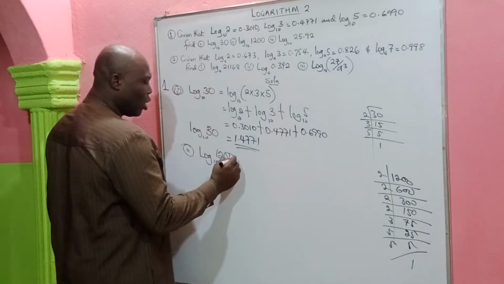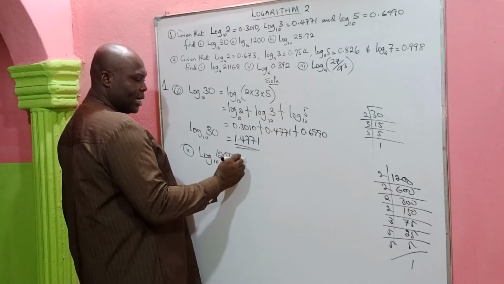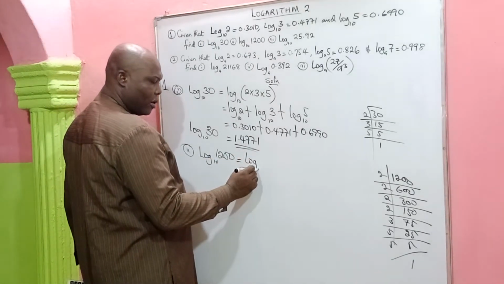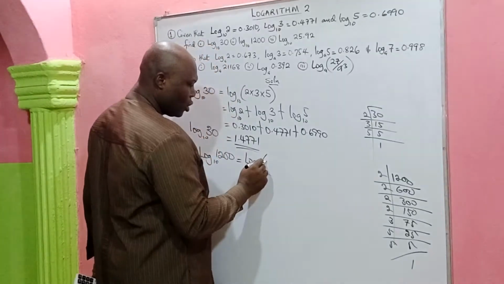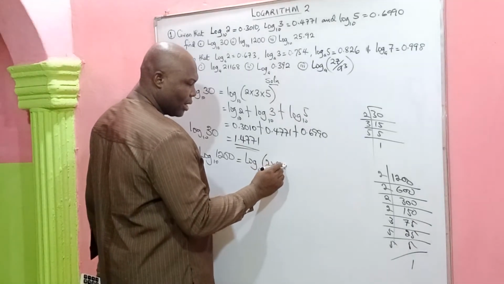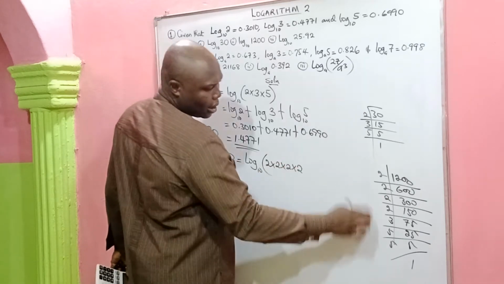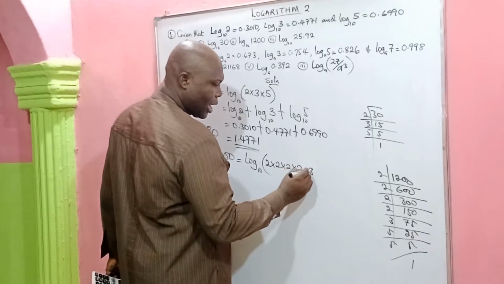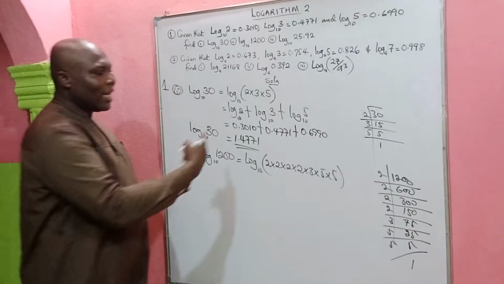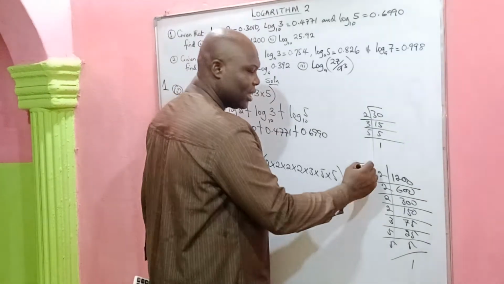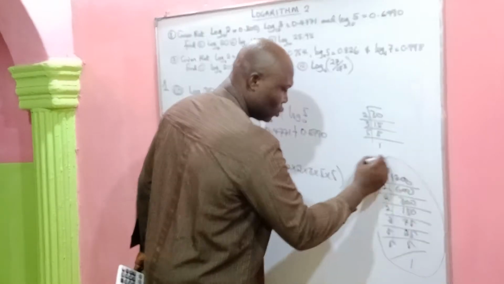Therefore, the log of 1200 to base 10 will be the log of 2 times 2 times 2 times 2, and then 3, then 5, and then 5. So 2 times 2 times 2 times 2, times 3, times 5 times 5 is the LCM of 1200.